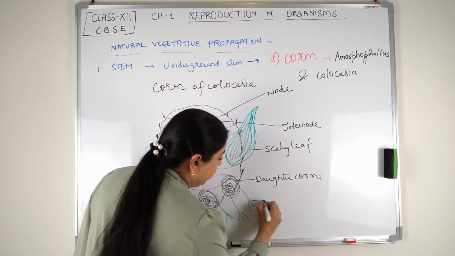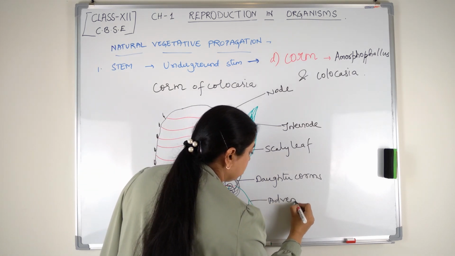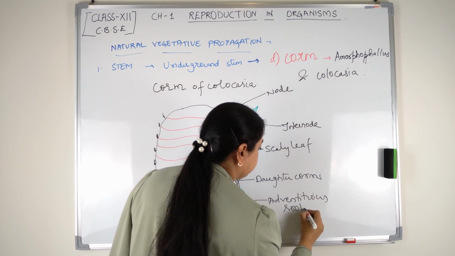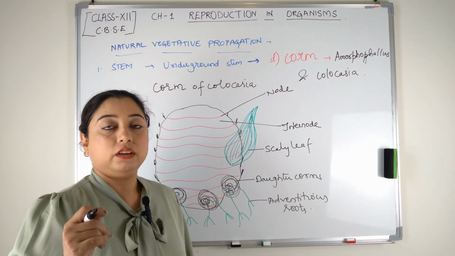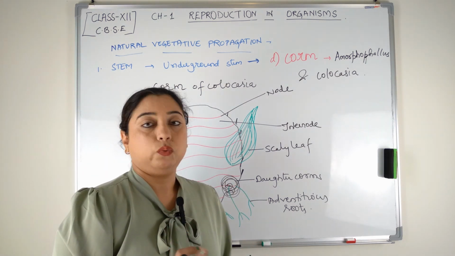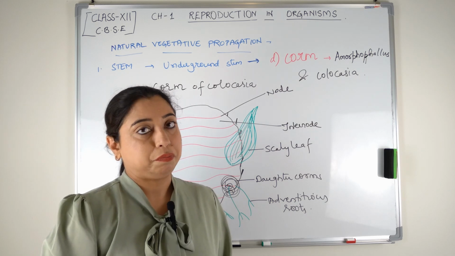And they bear adventitious roots. In this also nodes enclose axillary bud which can give rise to a new plant.